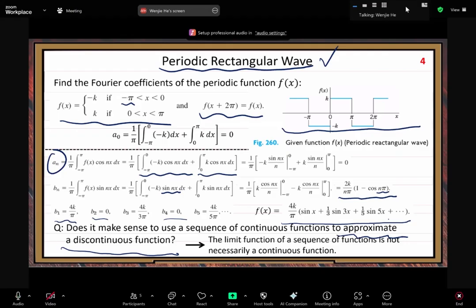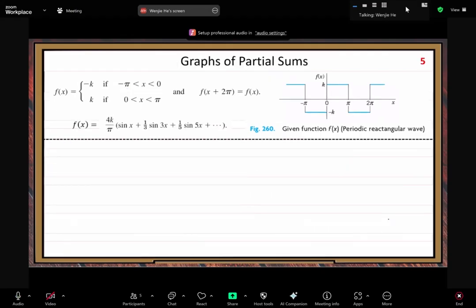So here, let me do the approximation, because here we need to use the approximation idea to see it. How to do approximation? Let's do approximation term by term. The first time, we just take the first term and draw the graph. That's easy, right?